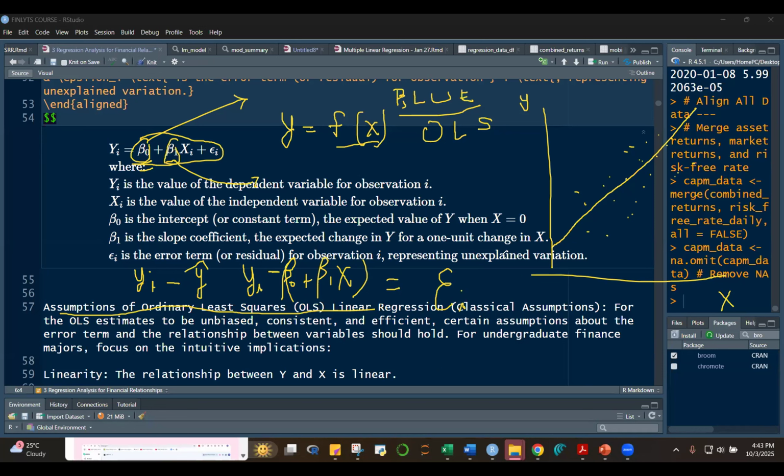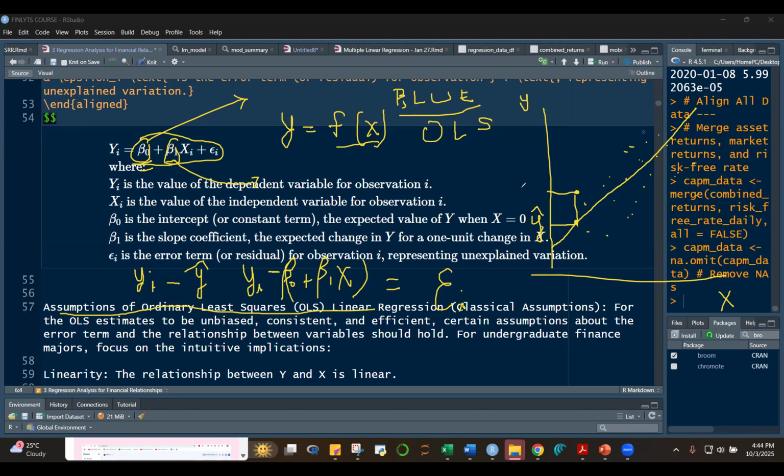Okay. So if you take a look at this plot here, this is your y sub i. This is your actual value. The dots here are your actual values. The line here, class, is your predicted value. So if I drop here a line, this one is my y hat, or my predicted value.